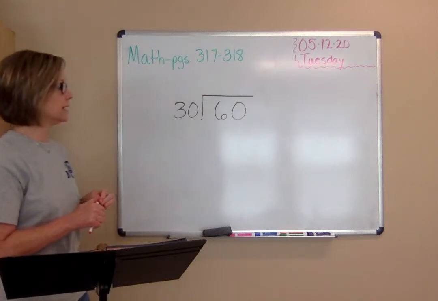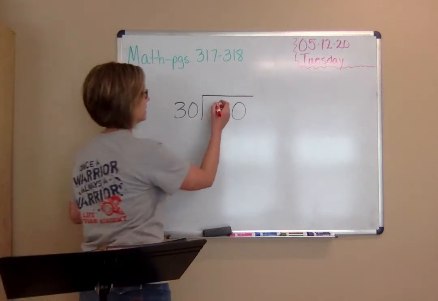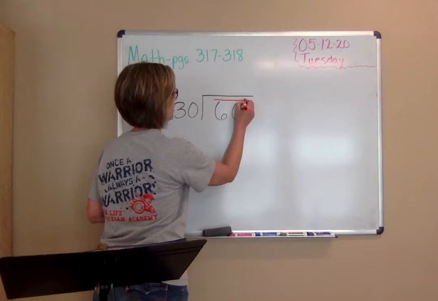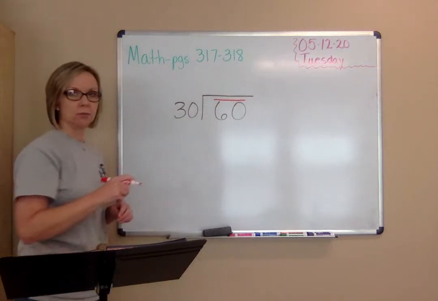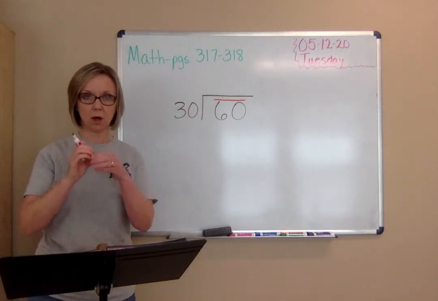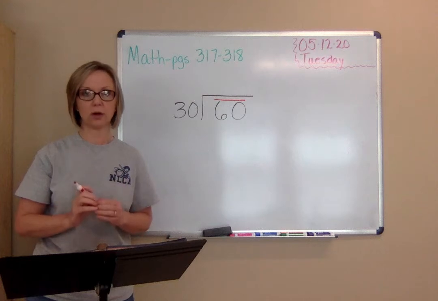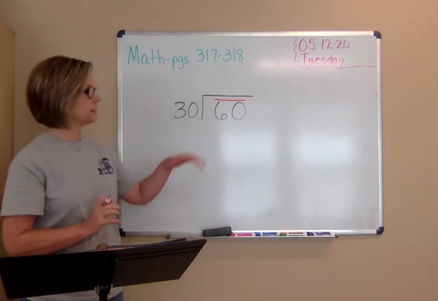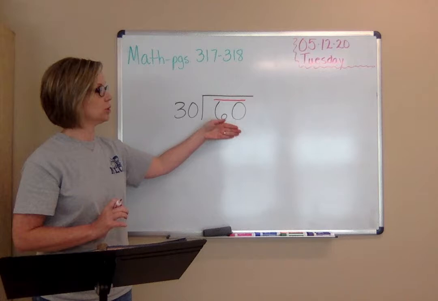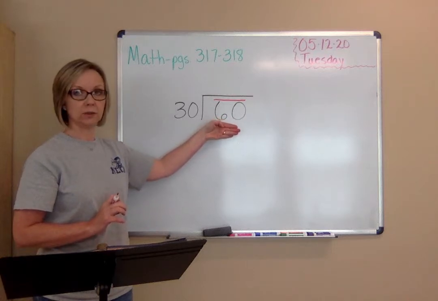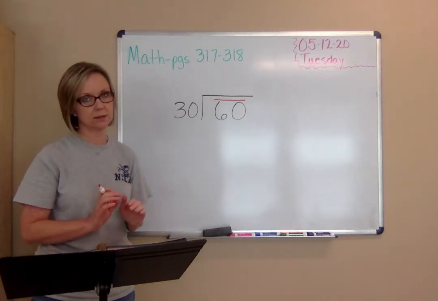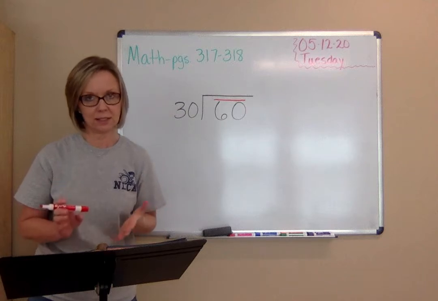So what they're saying here is that you're going to take this whole number of 60 and divide by 30. You have to take the whole number of 60 now. And it says just draw a line over it to remind you that you're dealing with 60, not just 6, because you can't divide 6 by 30.